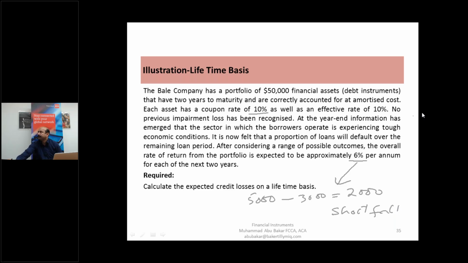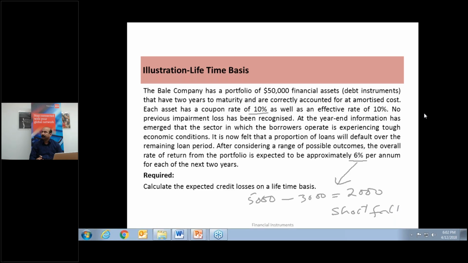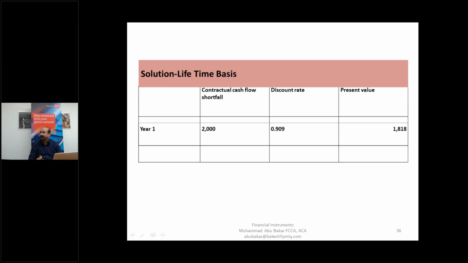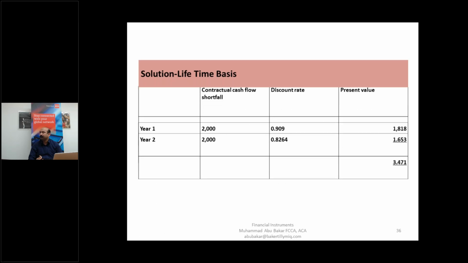So this is the shortfall in the return, 3.471. So this is basically the shortfall on a lifetime basis.